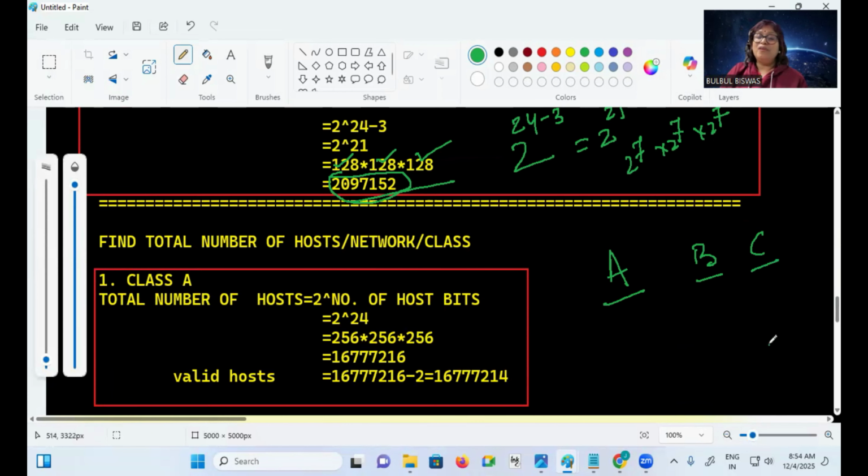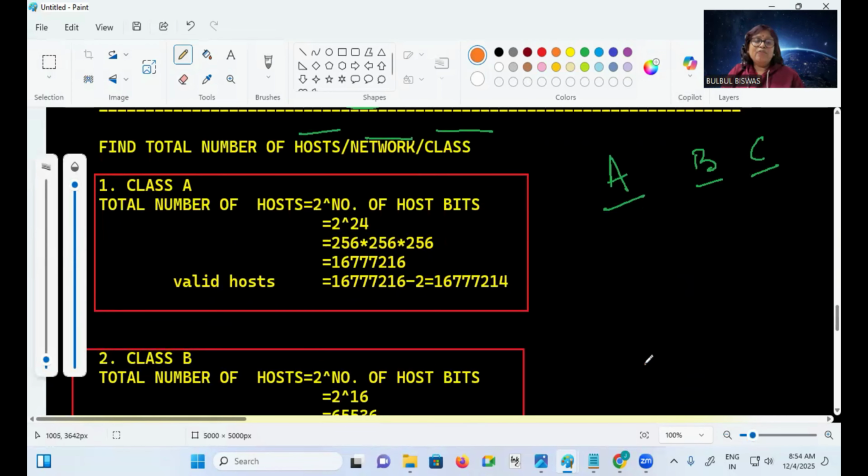But right now we will find hosts per network per class. Am I clear, everyone? Because we are dealing with the host addresses. We are assigning host addresses to the devices. So under a single network, there are multiple host addresses. So right now we are going to calculate how many host addresses are available per network.